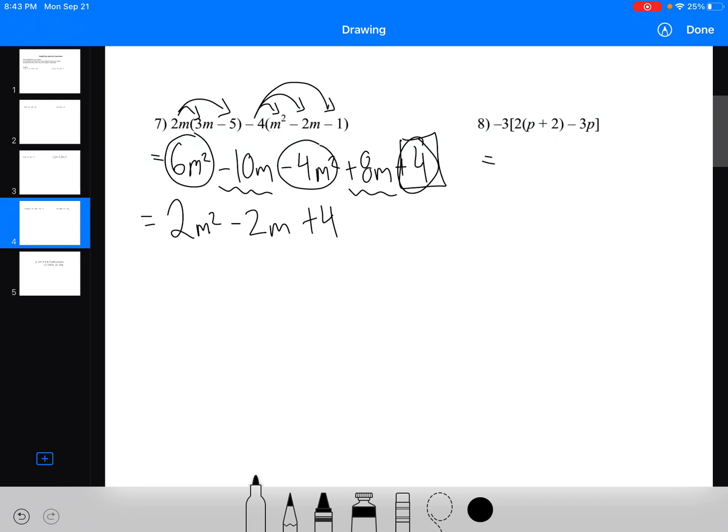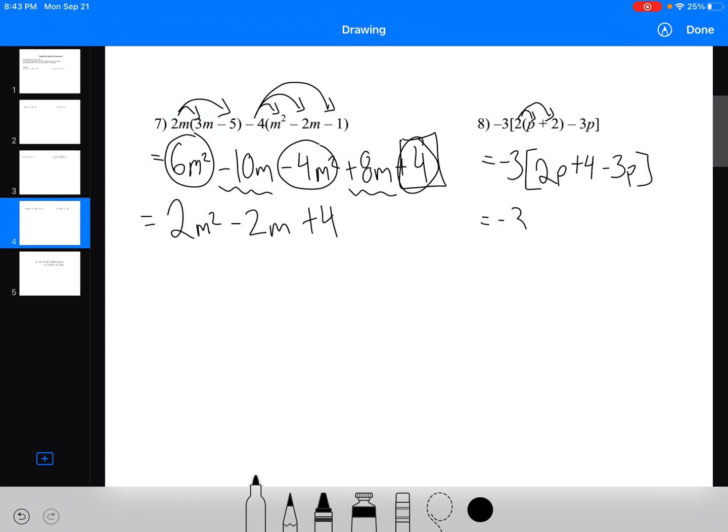We need to make sure that we're doing BEDMAS. So we look inside the brackets. We have to actually do some brackets inside those brackets. So we've got negative 3. Leave that square bracket. Do distributive property. So 2p plus 4 minus 3p.